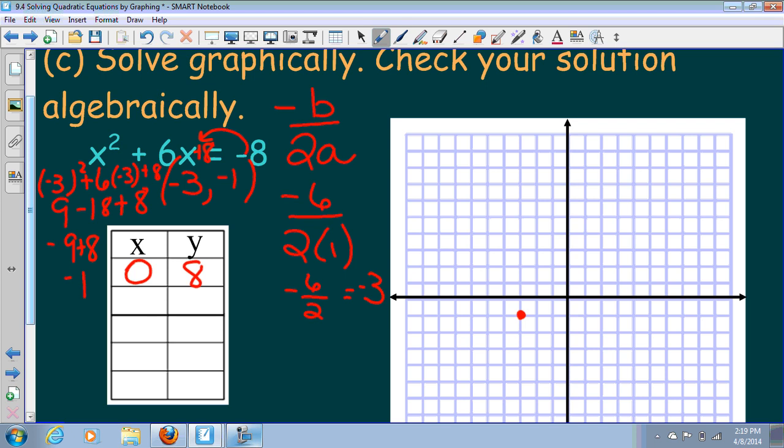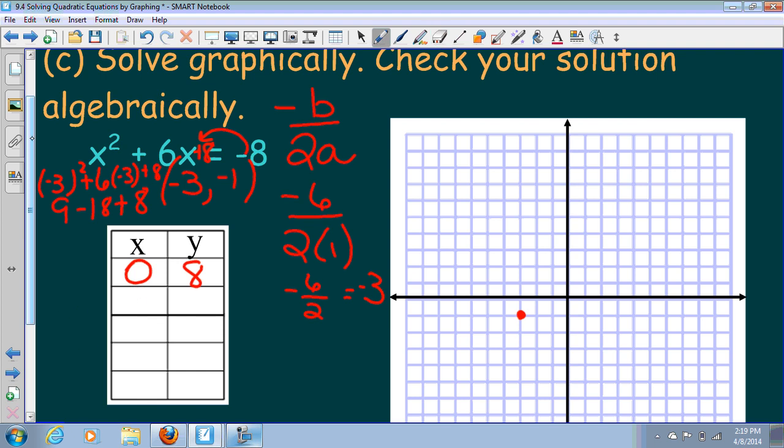If x is positive 3, I would have 9 plus 18 plus 8. Something wrong here? No. Oh no, because that's our vertex. My bad.